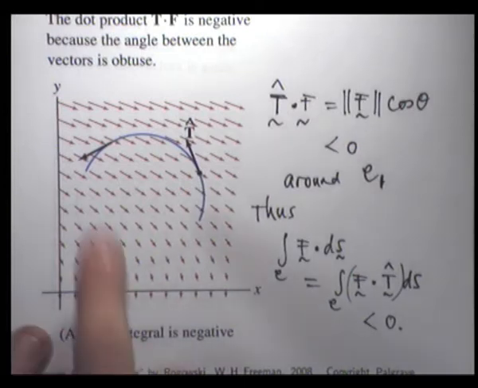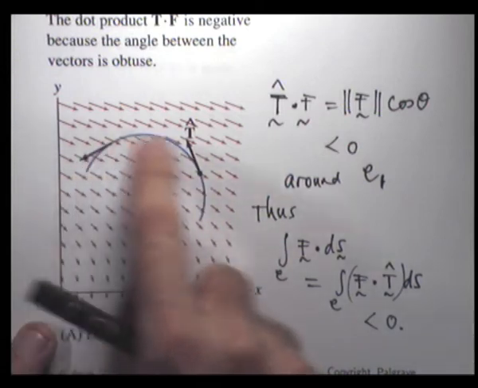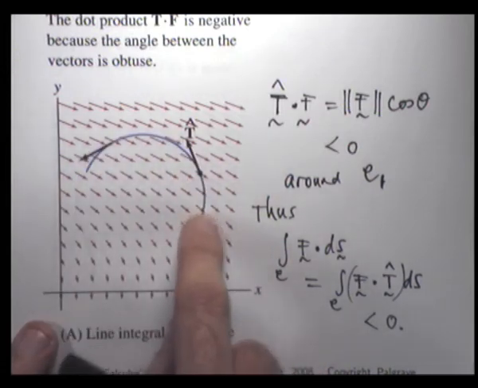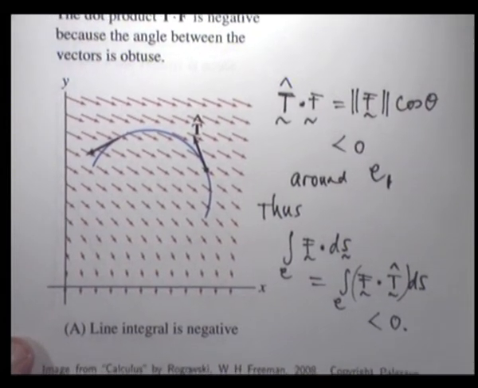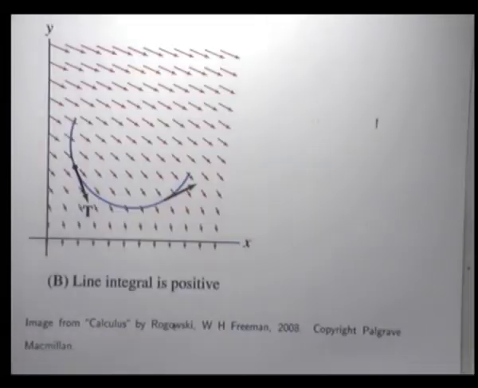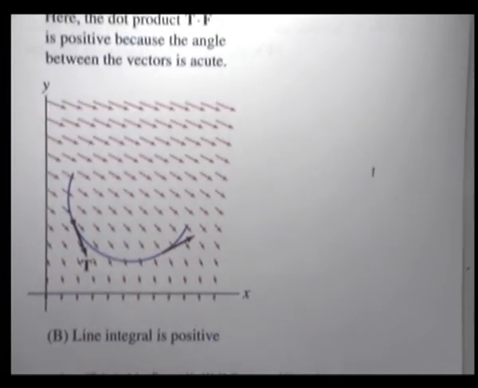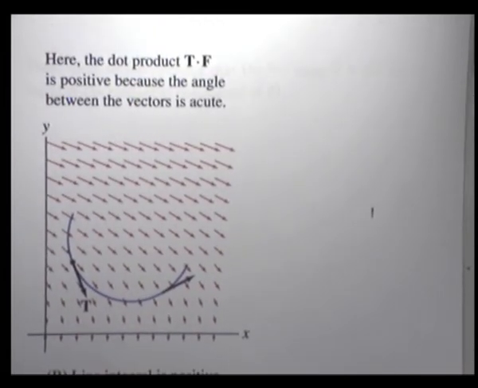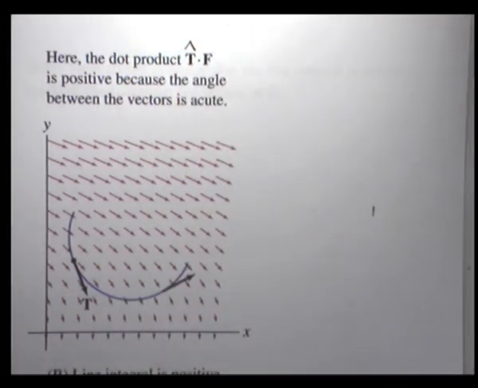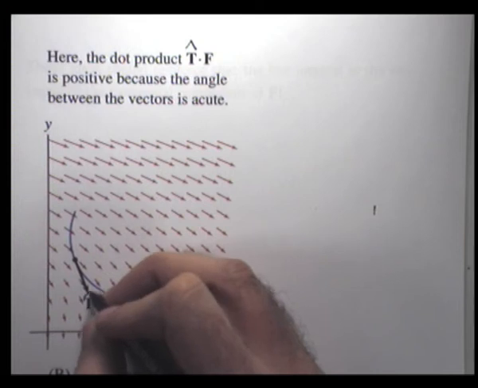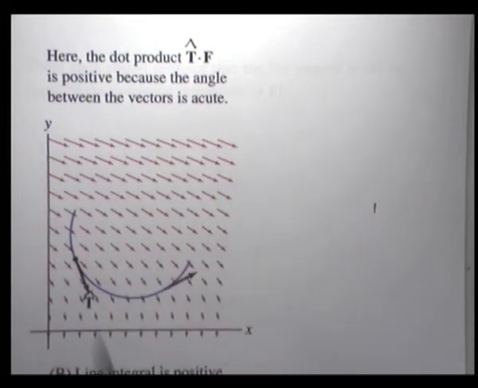So we've talked about this subarc, right? Let's talk about the other half of the circle. Now, if you look carefully on this diagram, the angle between F and the unit tangent along this curve, the angle is acute.